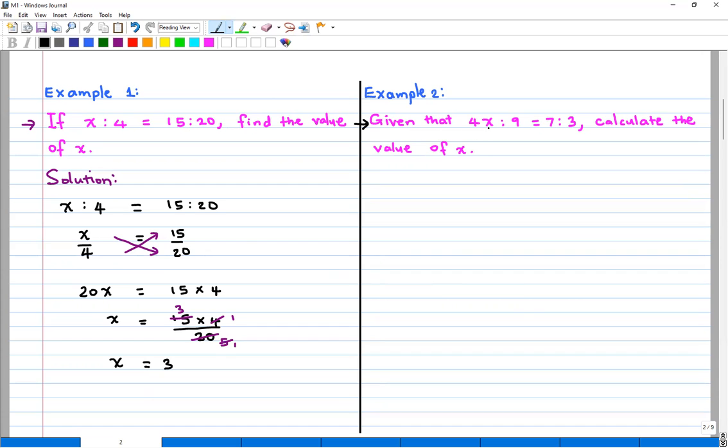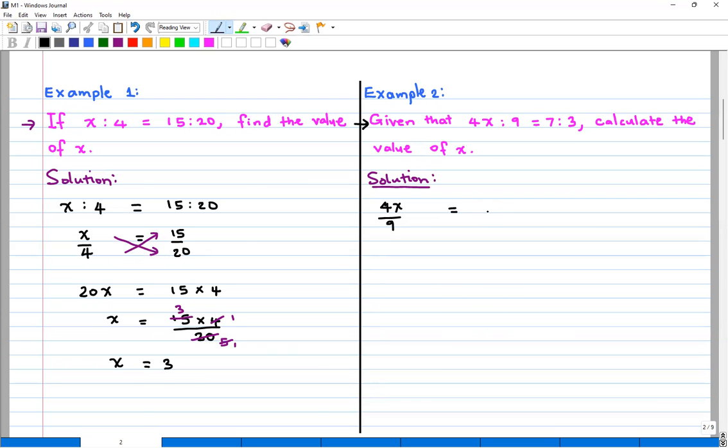Given that 4x to 9 is equal to 7 to 3, calculate the value of x. Okay, let's go ahead and get x. You see that this is an equation that is talking about proportion. Okay, so the ratio 4x to 9, we make it a fraction as 4x out of 9.